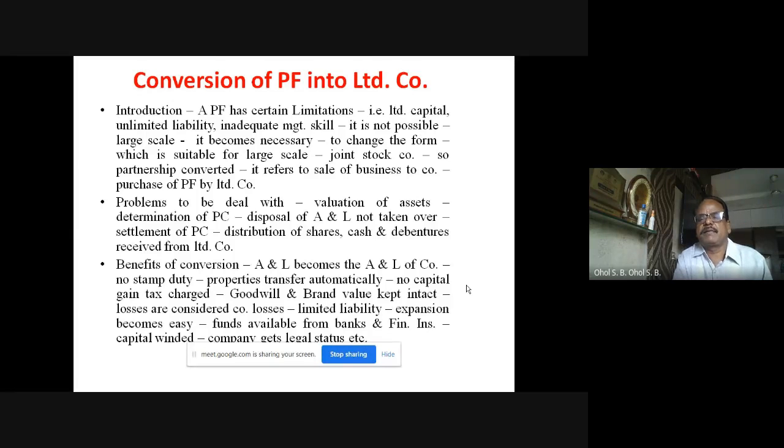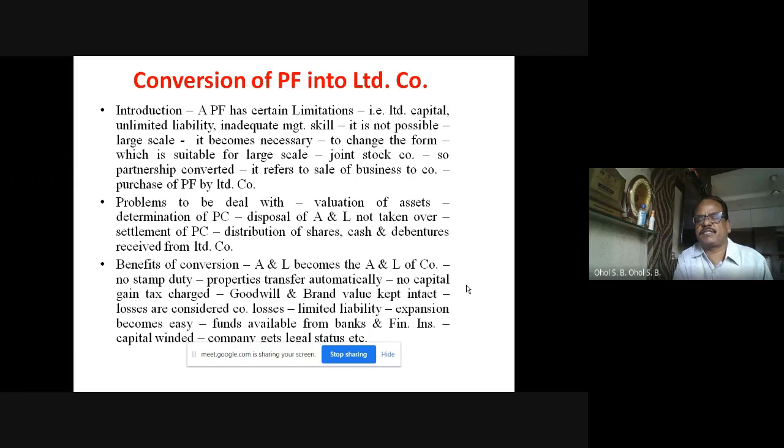That means the partners decide to sell the business of the partnership firm to another limited company, or sometimes an existing limited company can purchase the business of the partnership firm. So these are the two ways in which the partnership firm is converted.